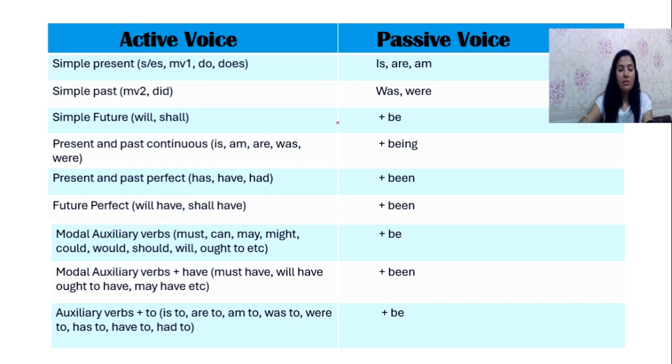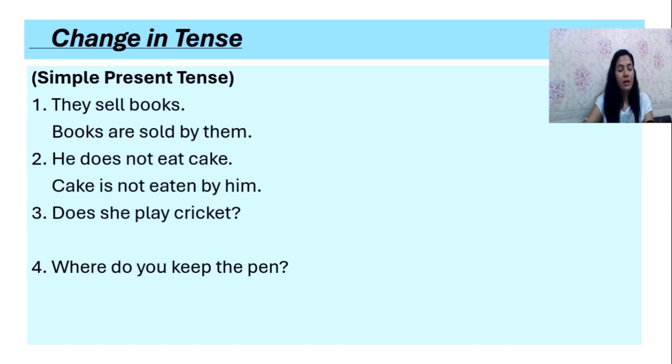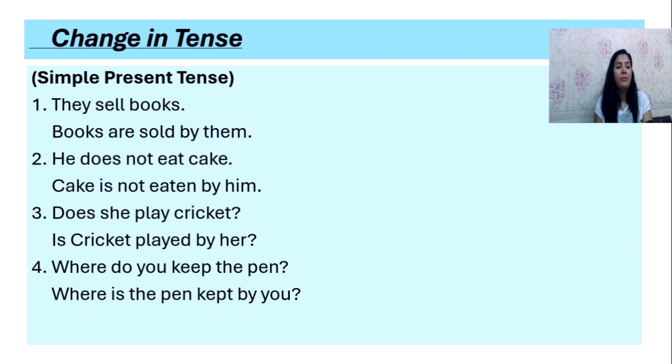Now let's move on. There are a few sentences of simple present tense, and you can see the answers as well. Let's see the third one. Does she play cricket? This is an interrogative sentence. So when you change an interrogative sentence into passive, you can't change the form or the structure of the sentence. You can't write it like an affirmative sentence. So here the sentence begins with the word does because it is in present tense.